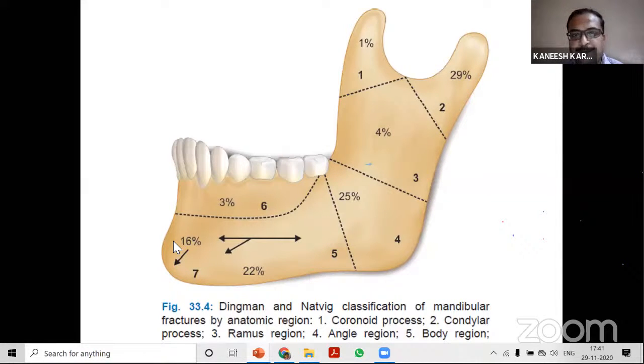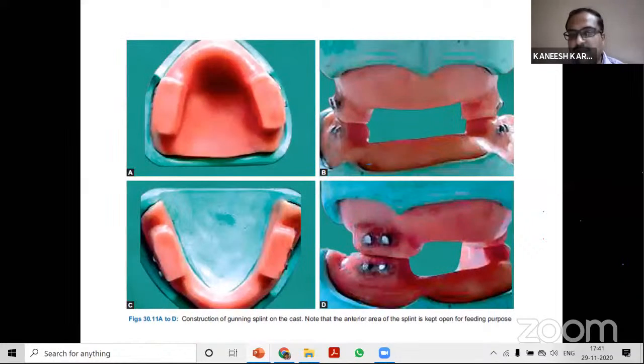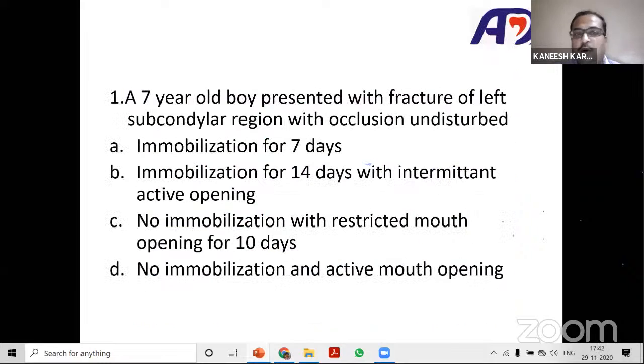This is according to the trajectories of the mandible. The forces are transmitted in these directions. This is a Gunning splint which we use to fix the mandibular fractures in edentulous patients. A 7-year-old boy presented with fracture of left subcondylar region with occlusion undisturbed.